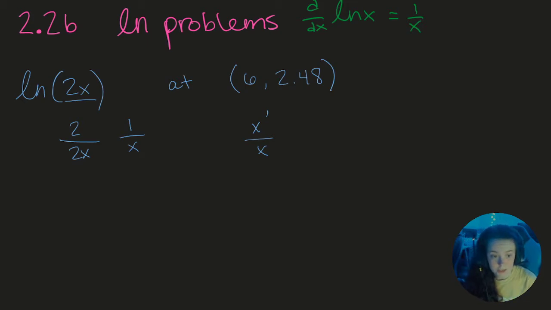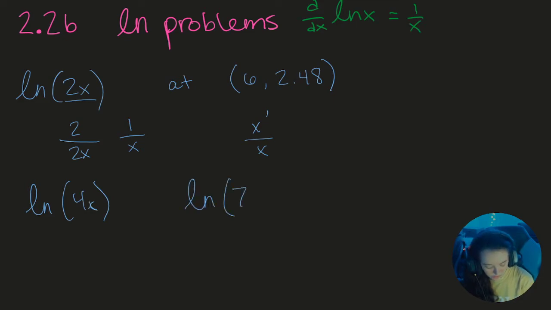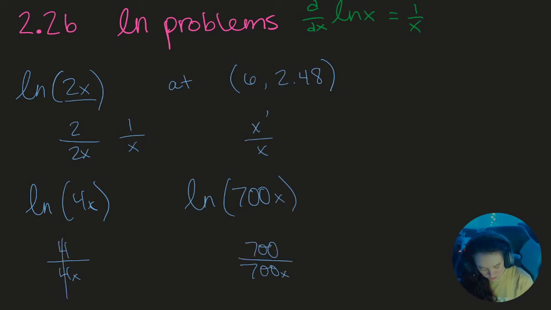So if it is just a number and an x after the ln, if it's just ln of 4x or ln of 700x, it would be the same concept. You would say 4x on the bottom or 700x on the bottom over the derivative. Those are going to cancel out, and you're still going to be left with 1 over x. 1 over x. Every single time.